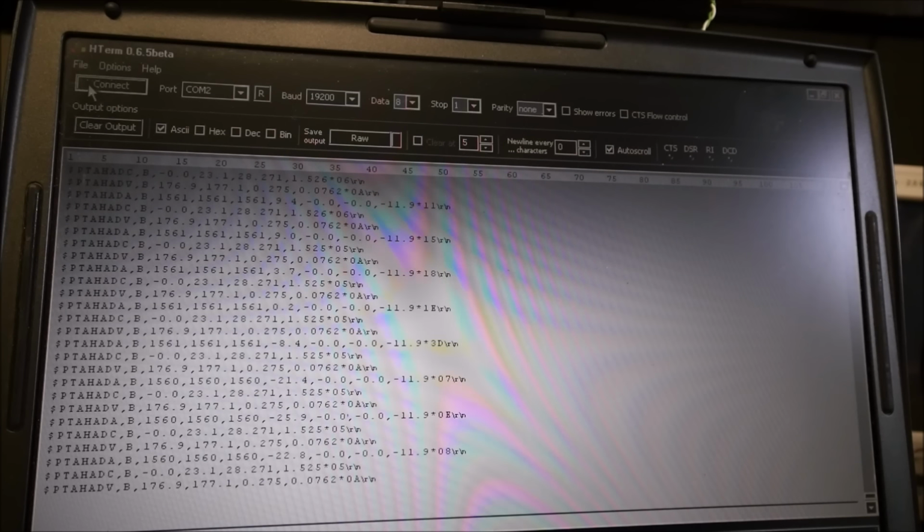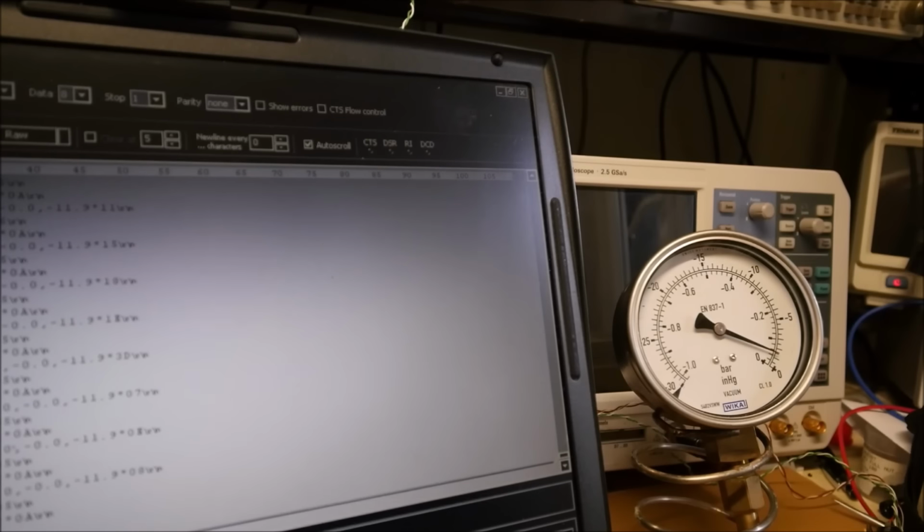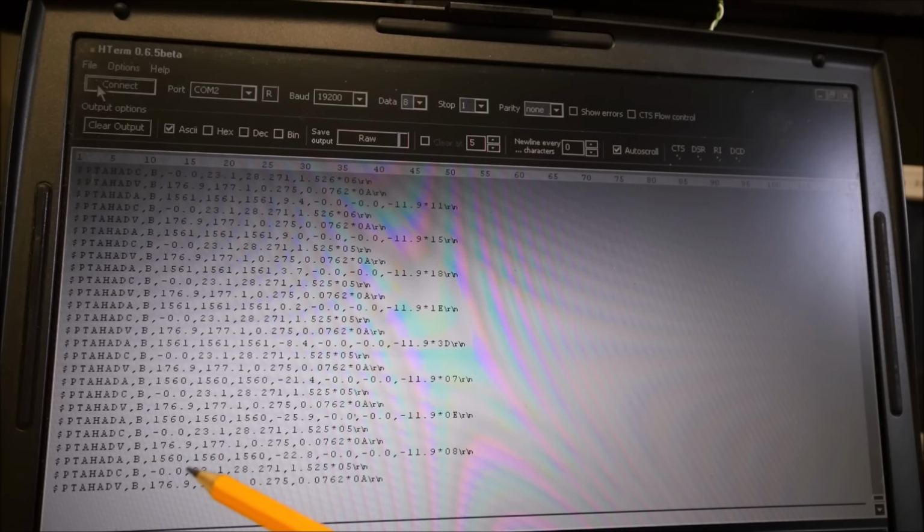This is the result for a pressure of 50 millibars. Okay, so we can see an altitude of 1,550 meters. And we have here the true airspeed, and this is the Mach number, this one here, 0.275.